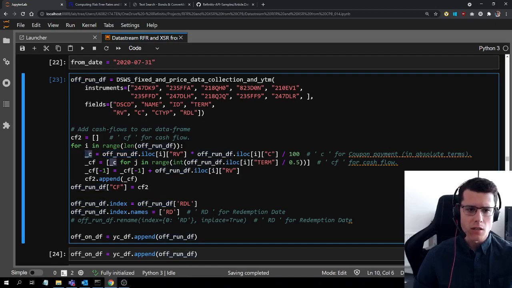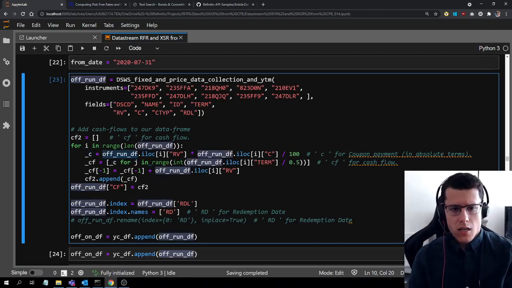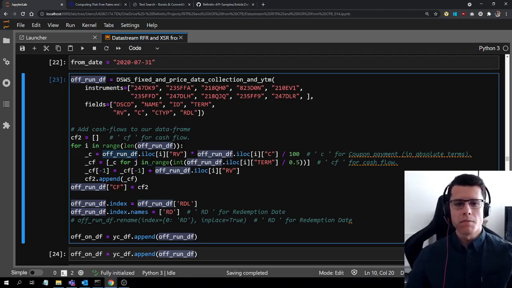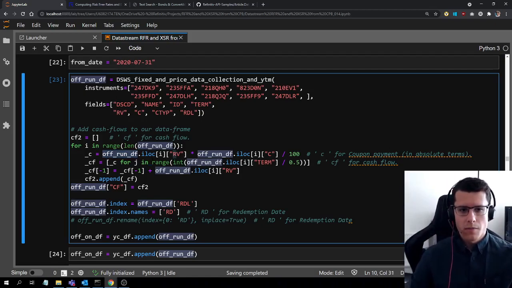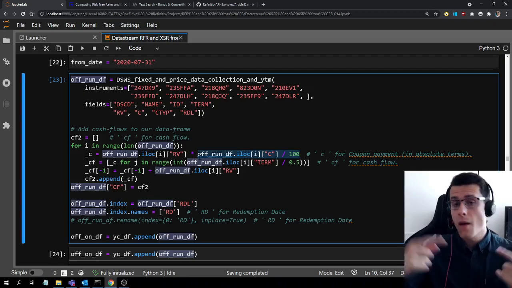So here I've got my coupon. It's the off the run data frame, so it's a data frame full of data of bonds that are off the run, not on the run. I'm looking at the redemption value, which is $100, and the coupon percentage. That's why it's divided by 100. It's given to you in percentage, so 0.25 is actually 0.25%.